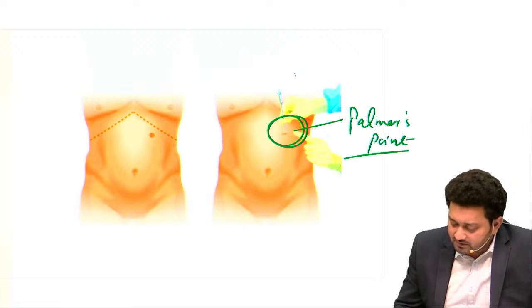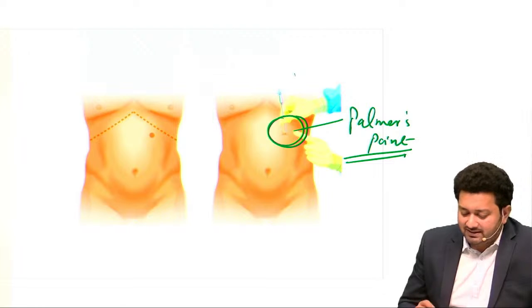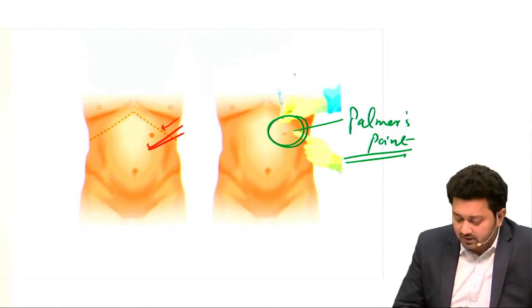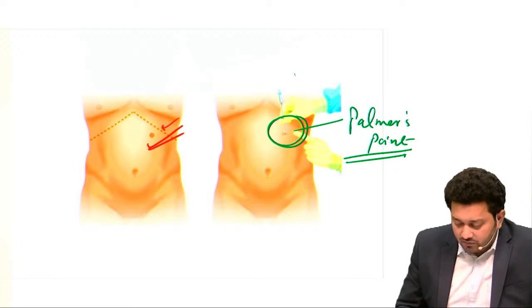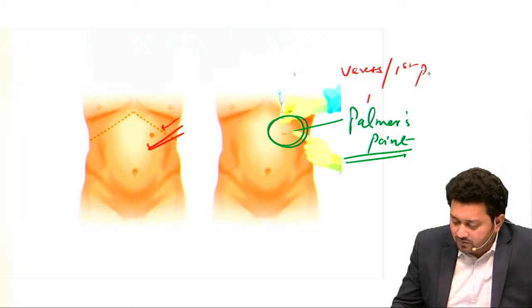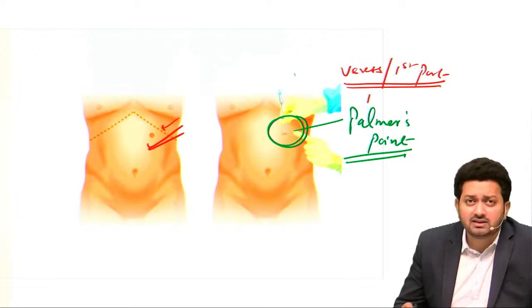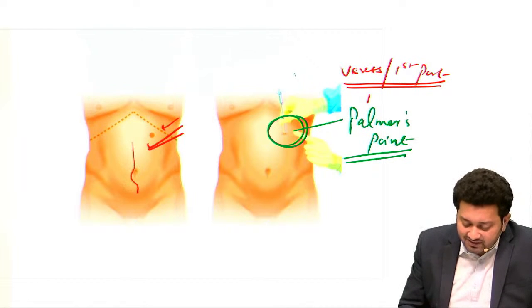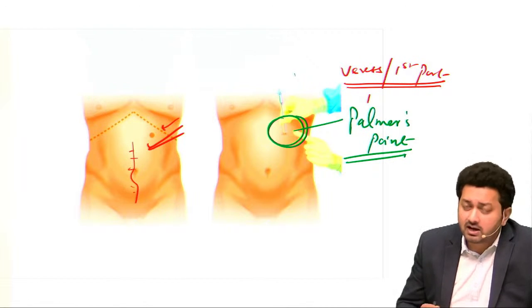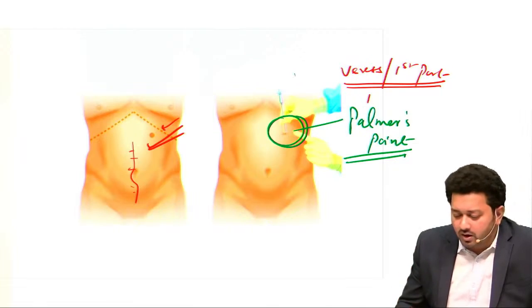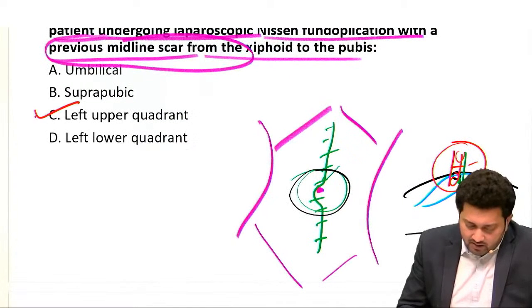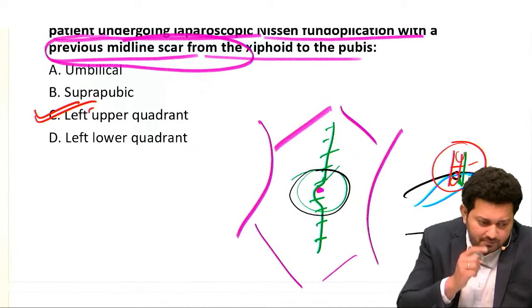This is Palmer's point, and this is the safe area where you can put the Veress needle and the first port. After the first port, when you put the telescope inside, everything is under vision. So in patients you are operating for incisional hernia or with a prior abdominal scar, either go for the open technique or go for Palmer's point, that is the left upper quadrant.